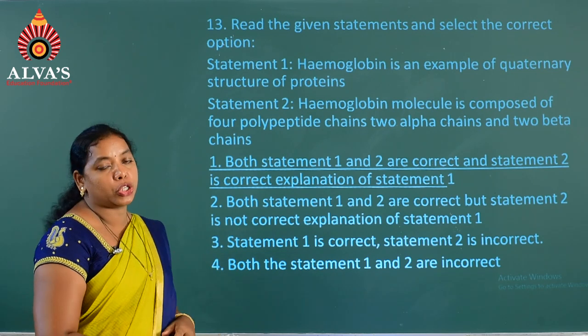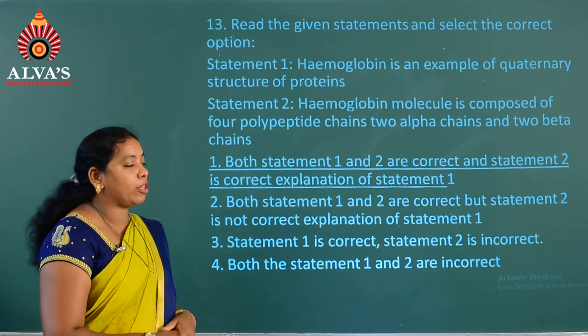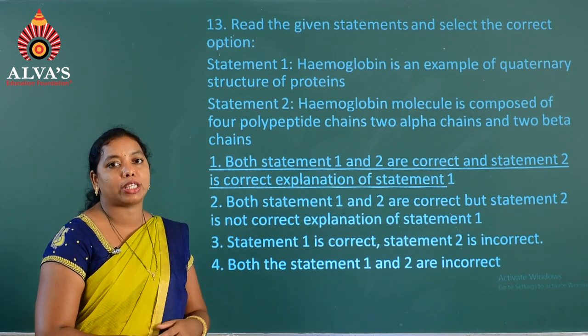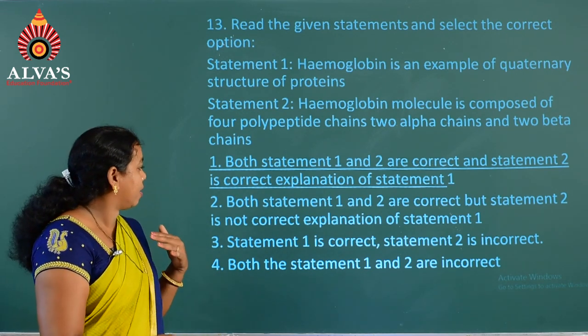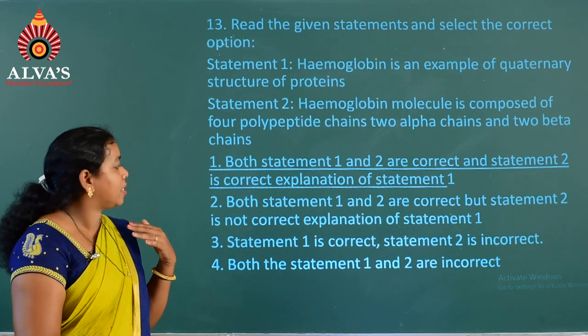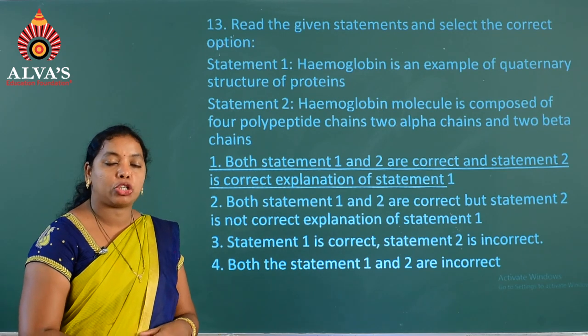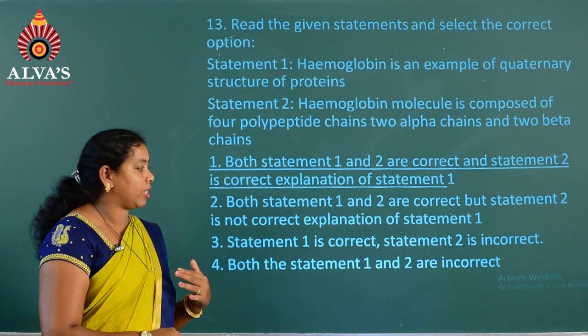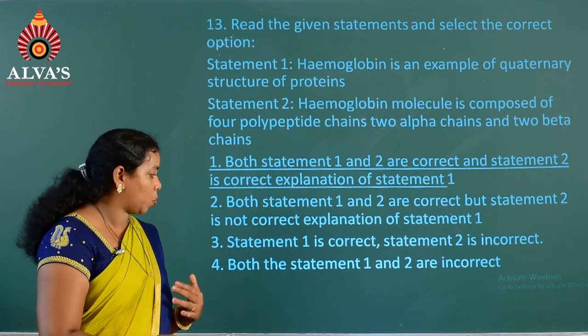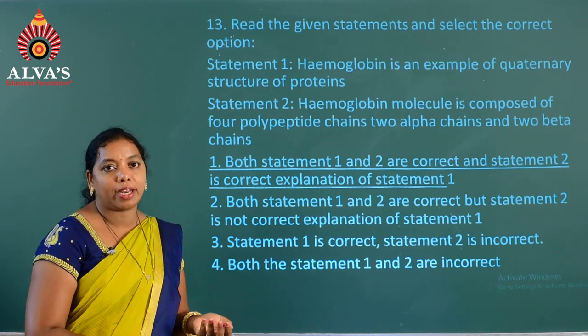Here the options are: both statements 1 and 2 are correct, and statement 2 is the correct explanation for statement 1. Second, both statements 1 and 2 are correct, and statement 2 is not a correct explanation for statement 1. Next, statement 1 is correct, statement 2 is incorrect. Fourth one, both statements 1 and 2 are incorrect.